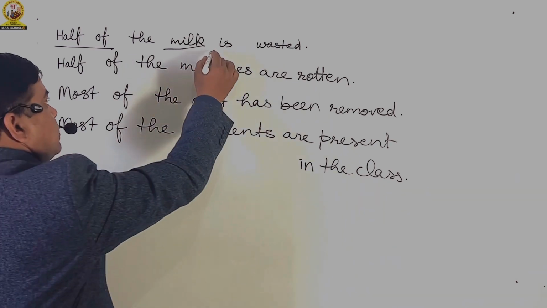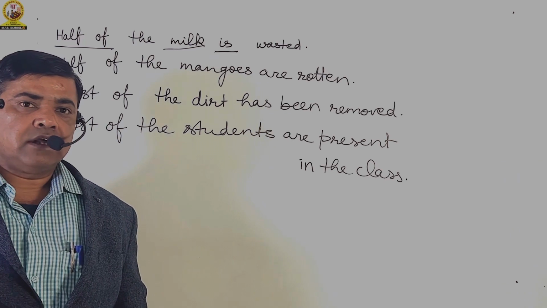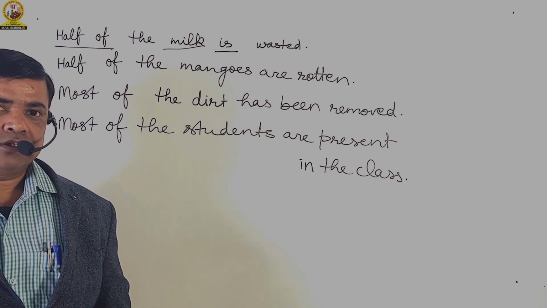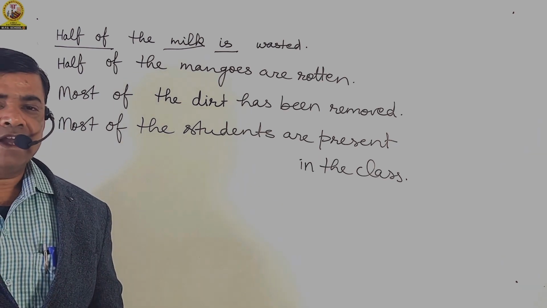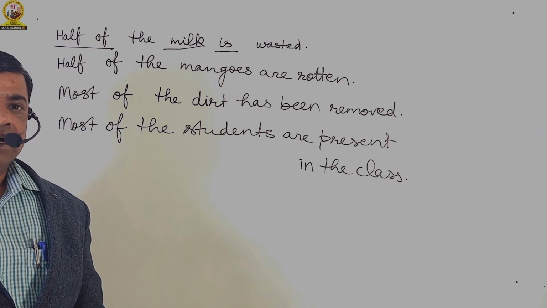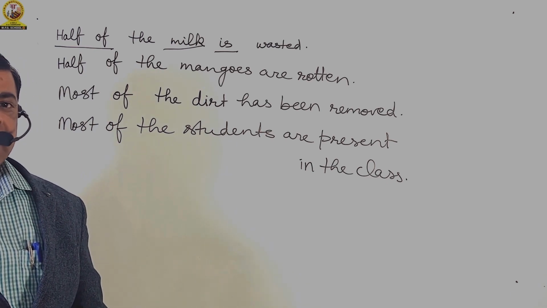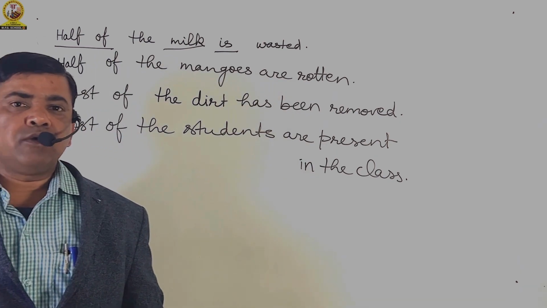Here we have used is because the noun milk is a material noun and it denotes a singular subject. In the second example, I have written a sentence that is half of the mangoes are rotten. Half of the mangoes are rotten.